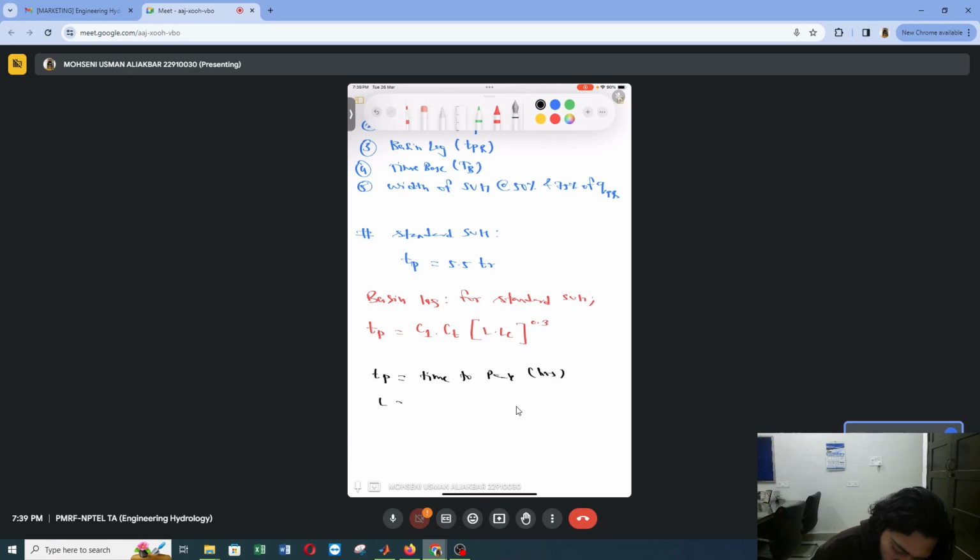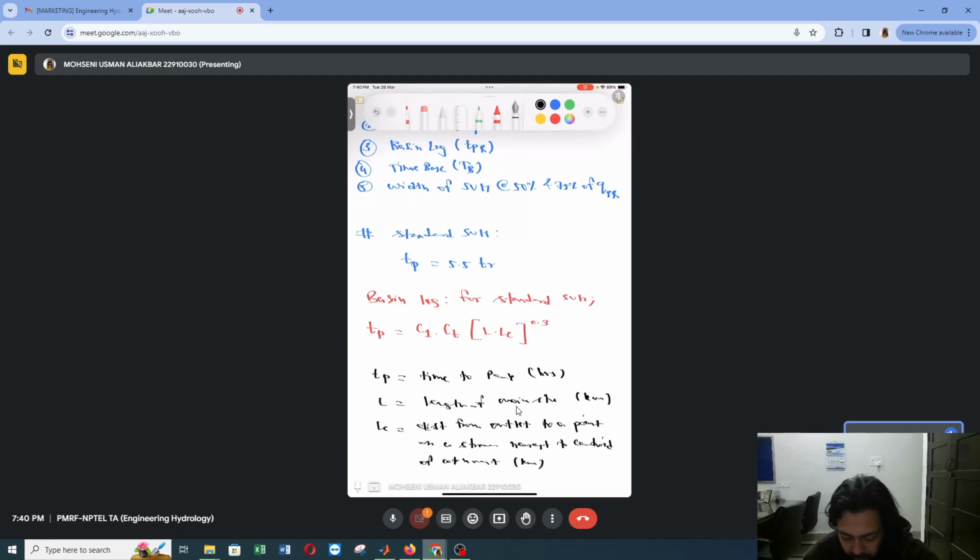Then the second is capital L, which is the length of the main stream, in kilometers. Then Lc is the distance from the outlet to a point on the stream nearest the centroid of the catchment, and it is also in kilometers, right?